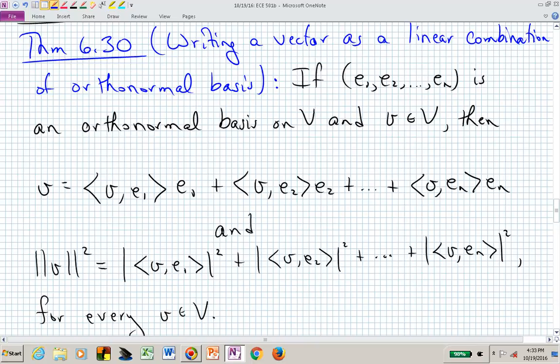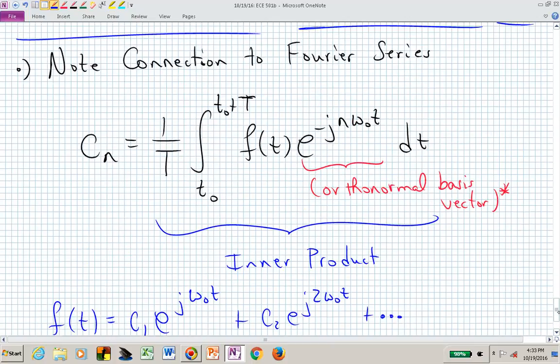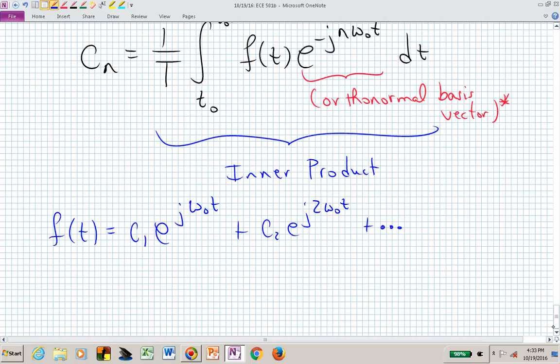If we think of those as being a finite dimensional vector space, we might have been thinking of those as tall, thin vectors, but now we can think of this Fourier series expansion in an infinite dimensional setting, similar to what we just did. Now we're decomposing an arbitrary periodic waveform in terms of an orthonormal basis, where the basis vectors are these exponentials, e to the j n omega t.